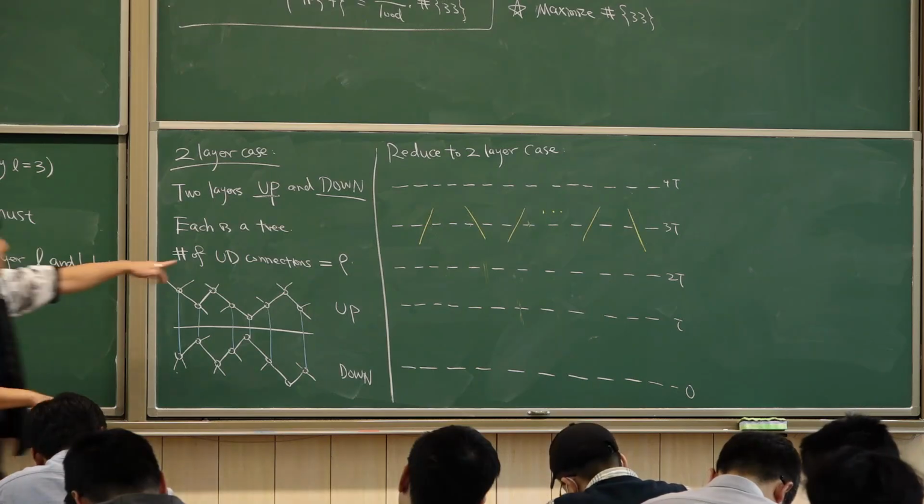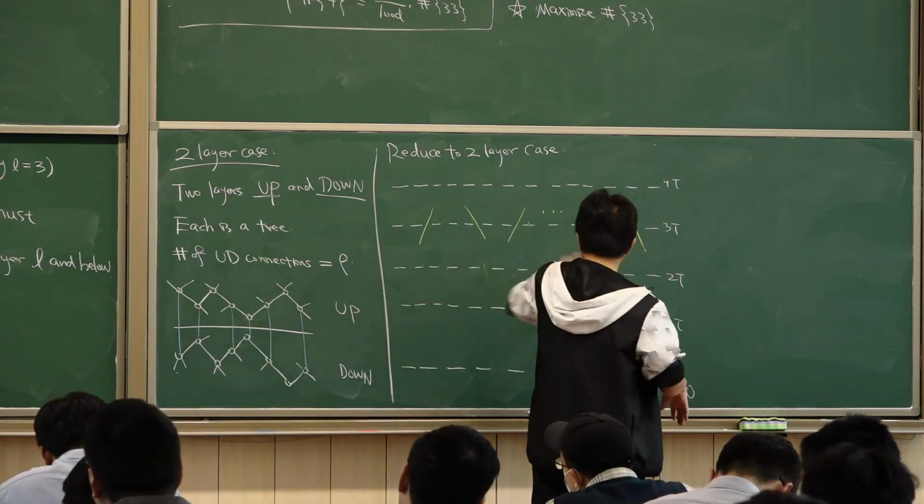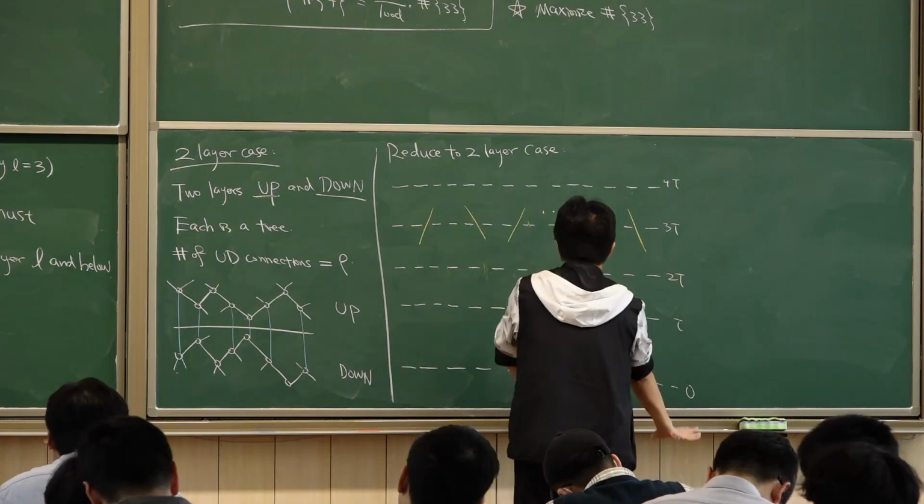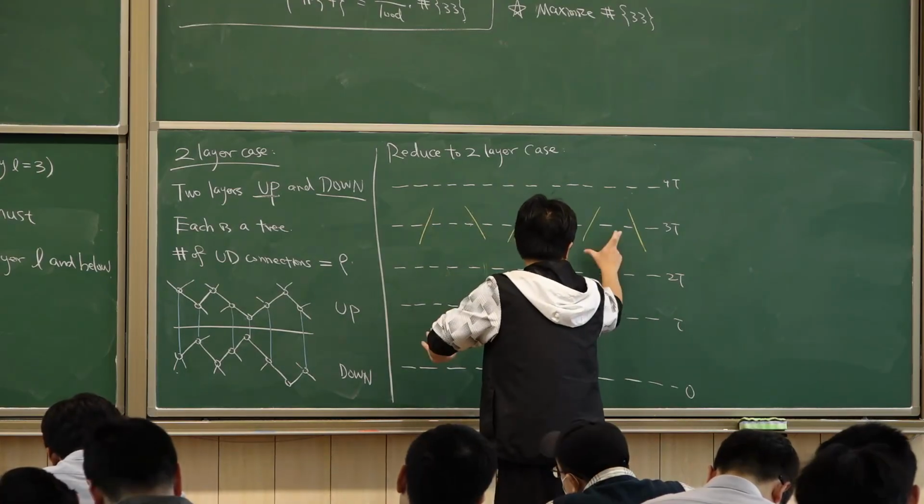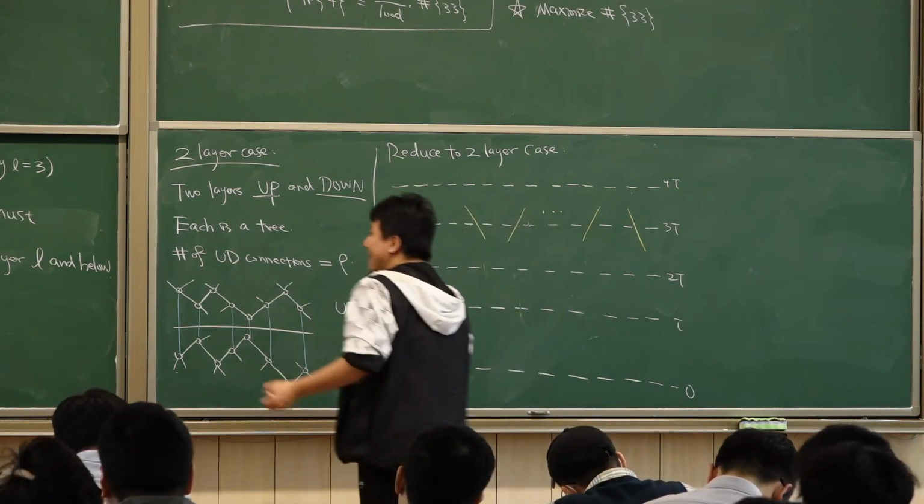So these red crossings must be connected to other crossings in these layers, in the collection of layer 3, layer 2, layer 1.